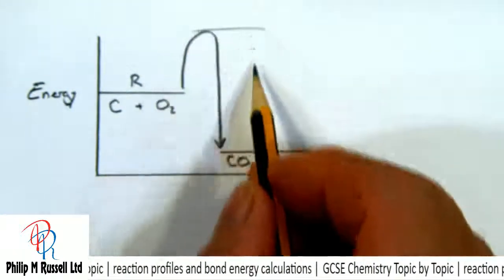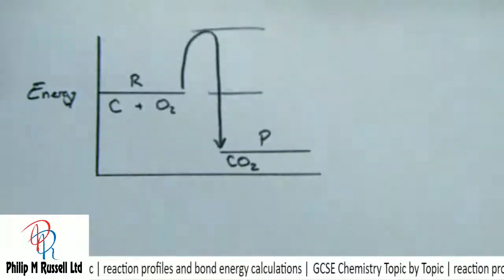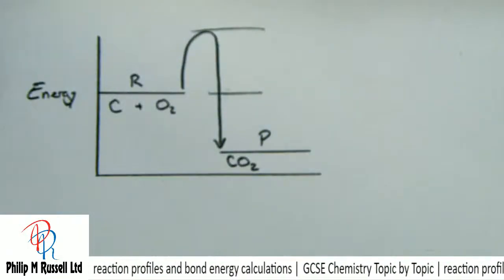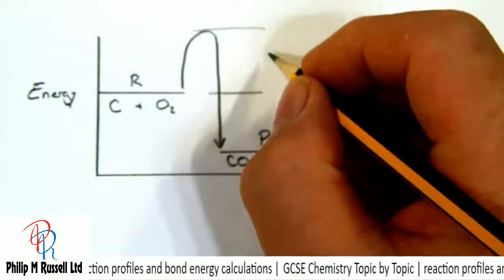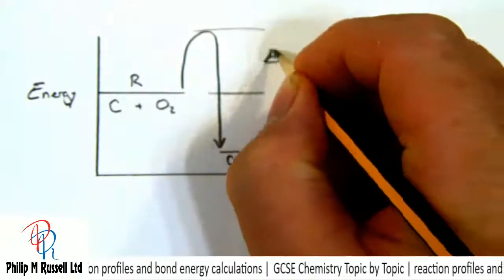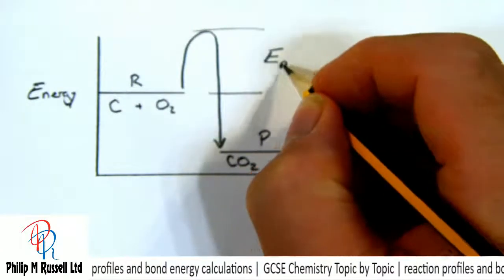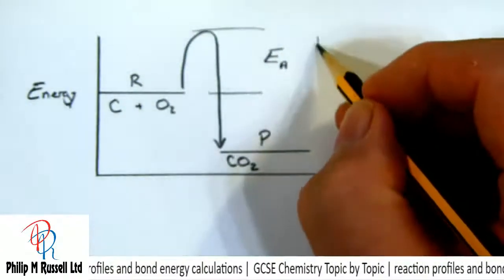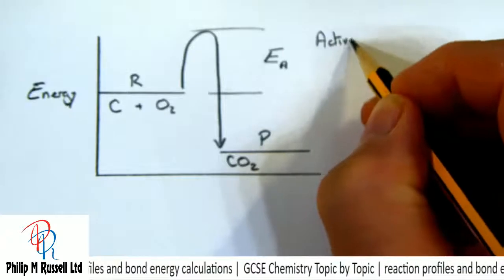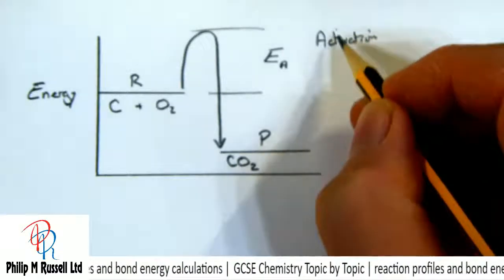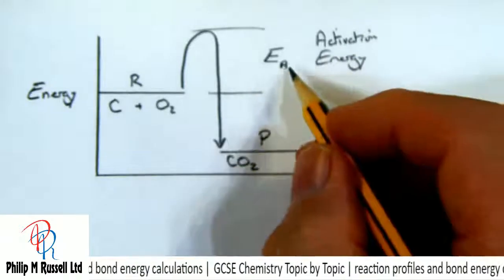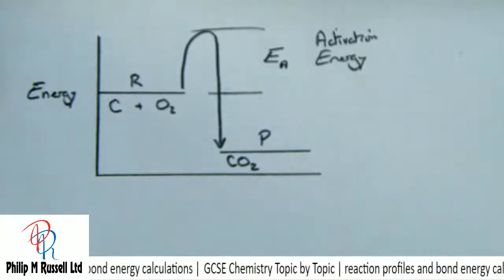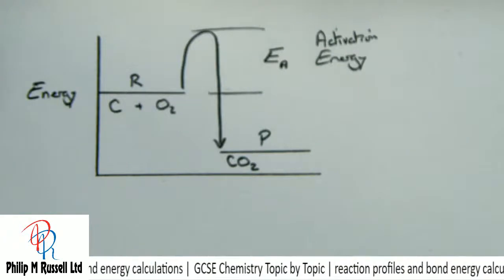This bit of energy here that we need to supply to get it going is called the activation energy, and we give it the symbol E for energy, A for activation. So this is our activation energy, or sometimes called the energy of activation.